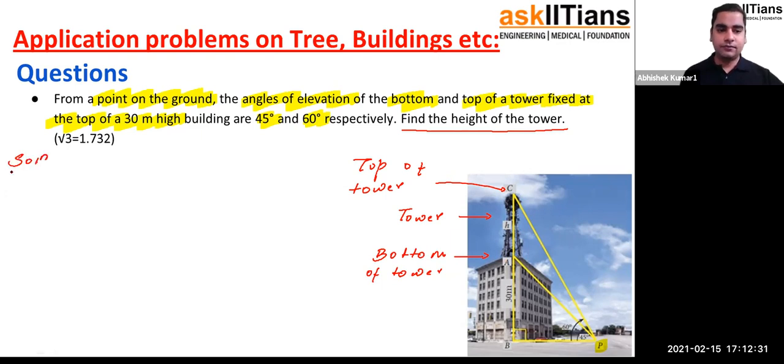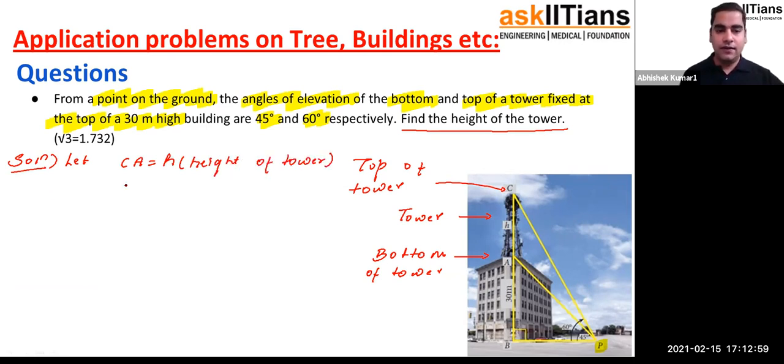So I'm going to assume the height of the tower to be h. That means I'm going to assume CA to be h, which represents the height of the tower.